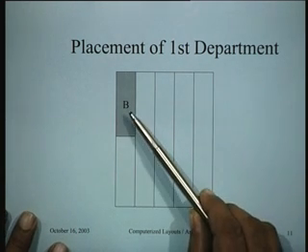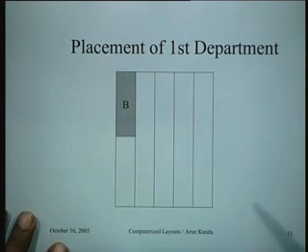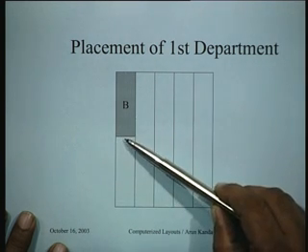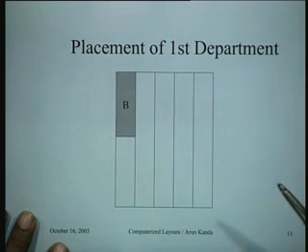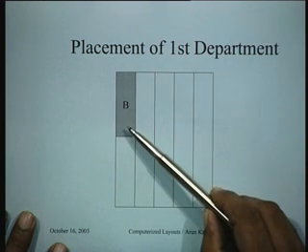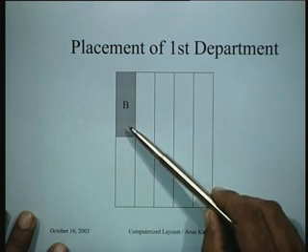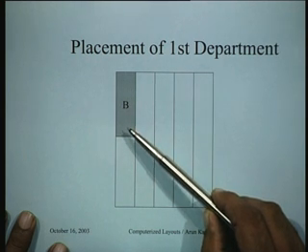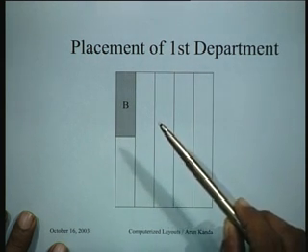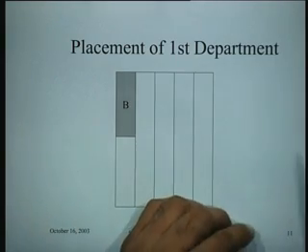After having placed the first department using this vertical scanning pattern, we are now looking for placing departments next to it. So we look in the REL chart for a department which has an A rating or an E rating with department B, and suppose we find such a department.